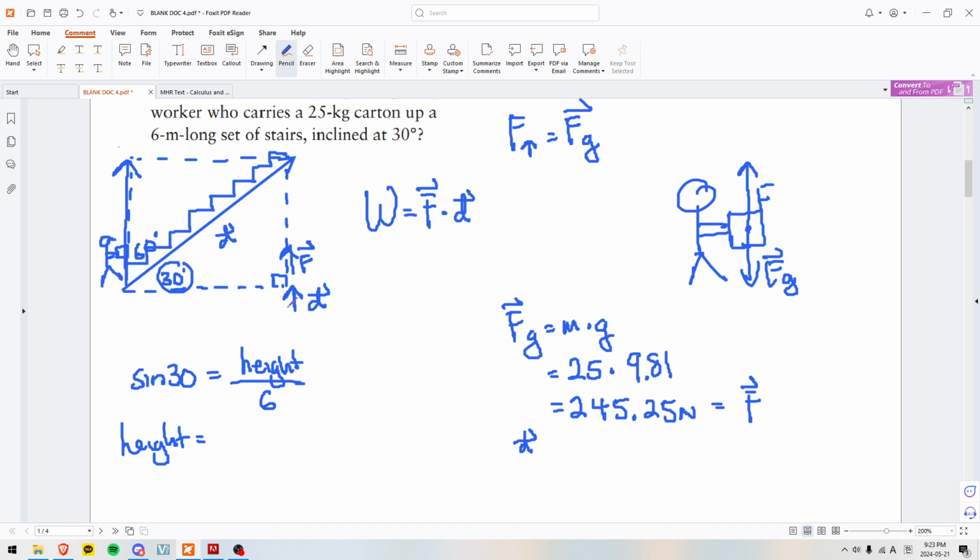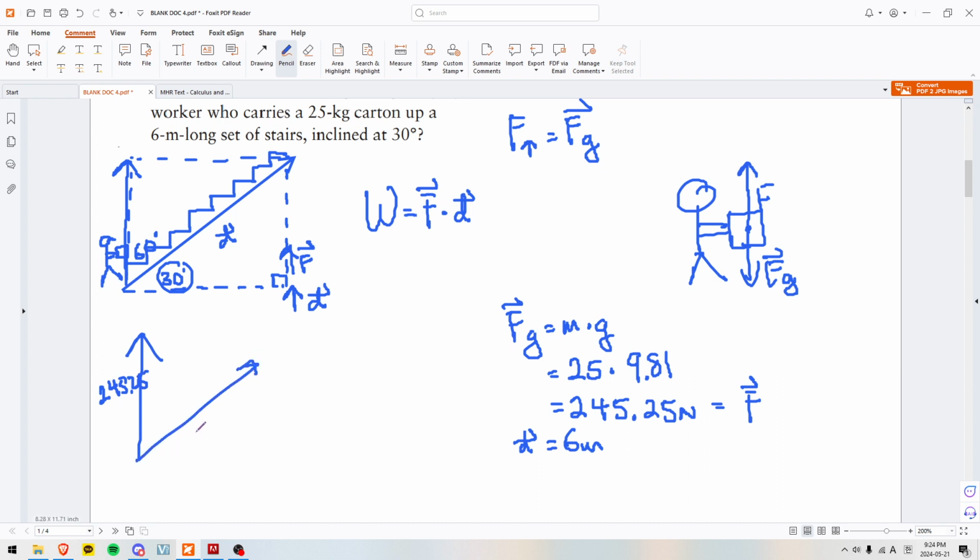Wait a minute. I don't care about that, do I? No, I don't. Sorry about that. Let me backtrack. We are doing a dot product. So the formula in itself accounts for all that for us. My distance is 6 meters. Okay, so I have a vector, 245.25.